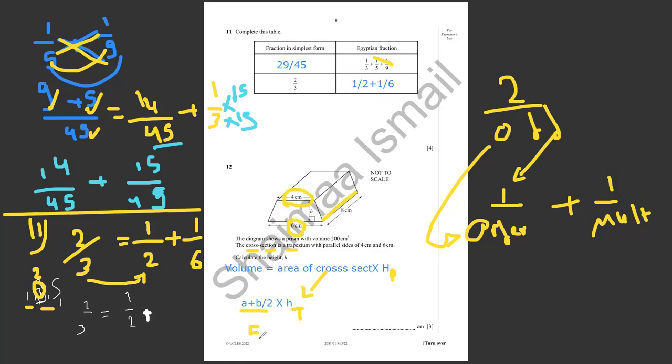Half of it is 5. Multiplying by the height of the trapezium, the area of the cross section multiplied by 8, which equals 200.